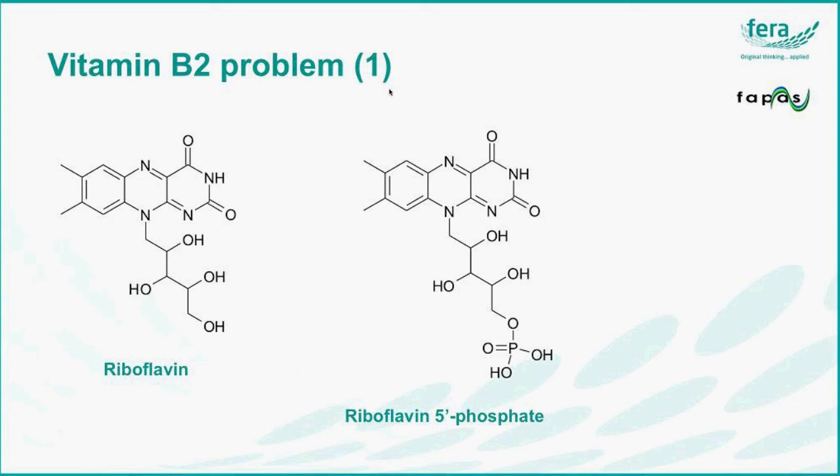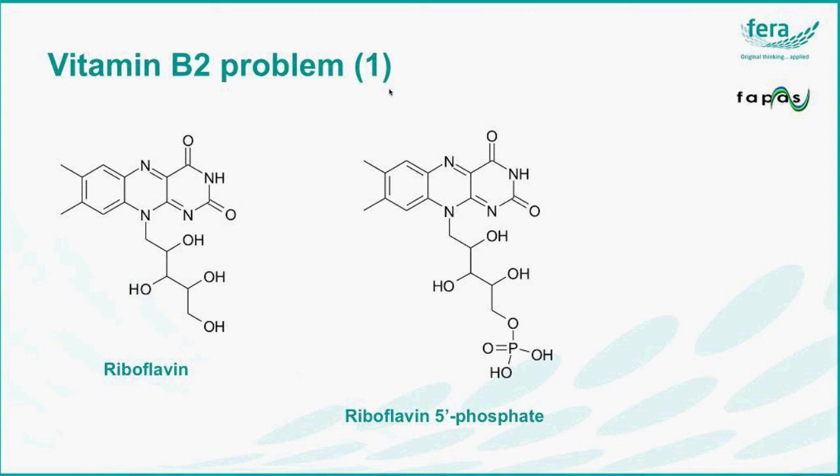In a liquid supplement, vitamin B2 cannot be its riboflavin compound. It has to be modified to be more soluble, and therefore it's present as riboflavin 5-phosphate.